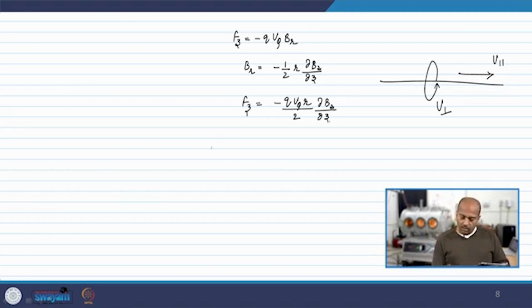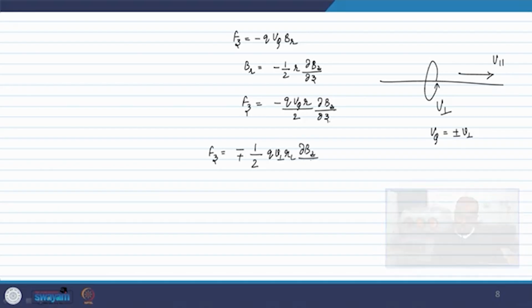So, Fz, v phi is plus or minus v perpendicular depending on the direction of gyration. So, Fz can be written as minus plus, because there is a minus, plus minus becomes minus plus after multiplying with minus, half q v perpendicular RL dou Bz by dou z.